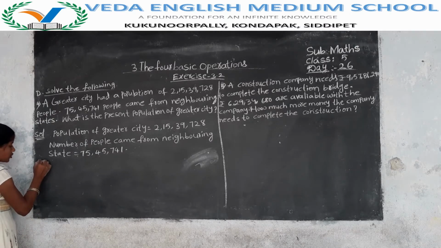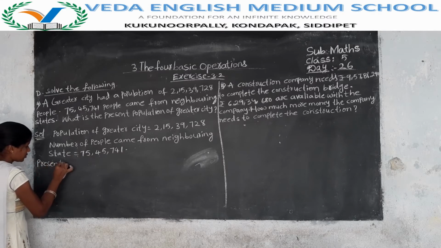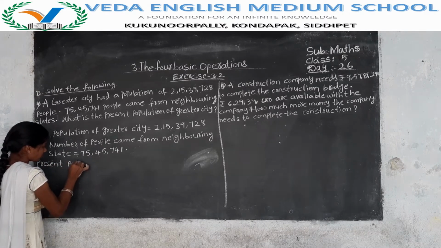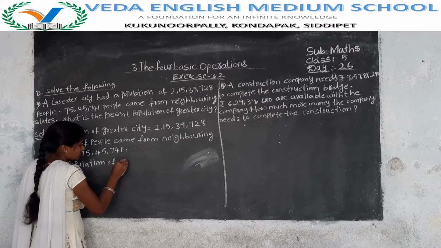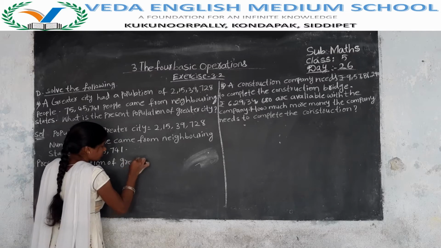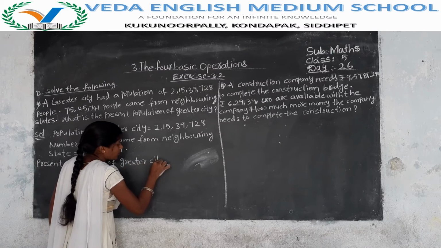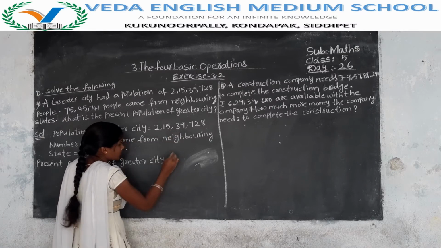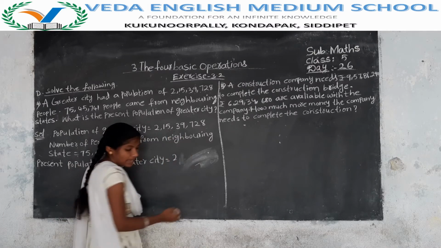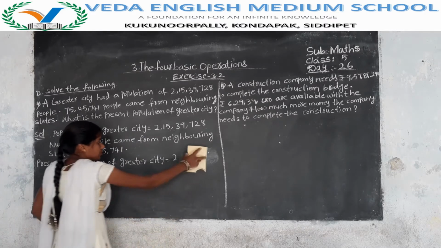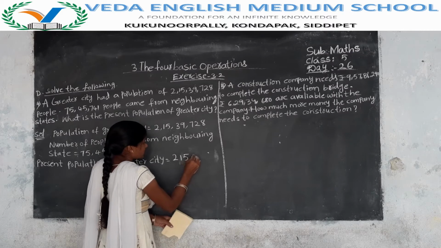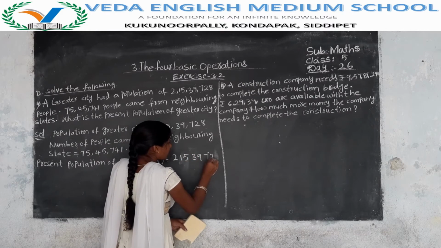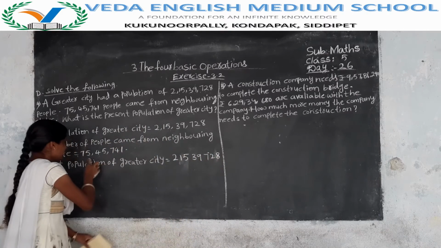Present population of greater city is equal to first 2,15 lakh, 39,728 plus more 75 lakh.